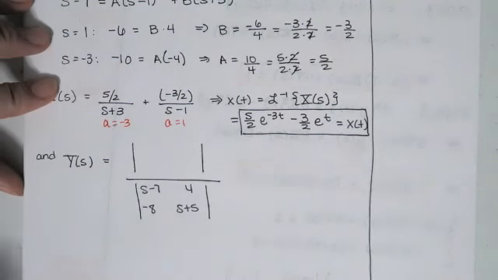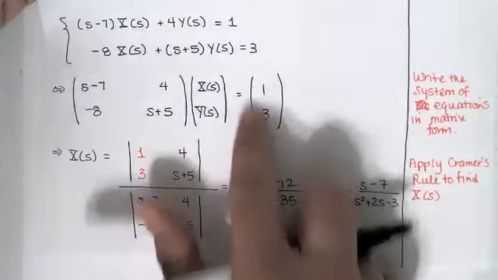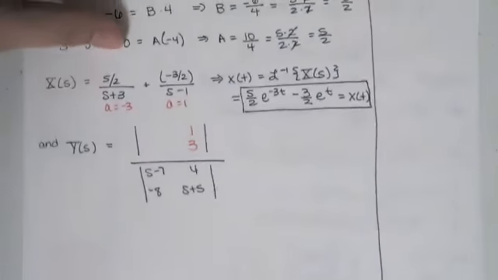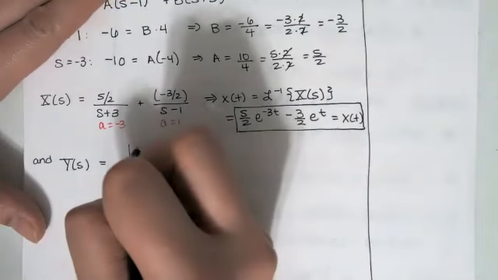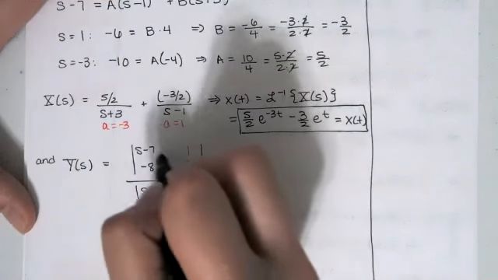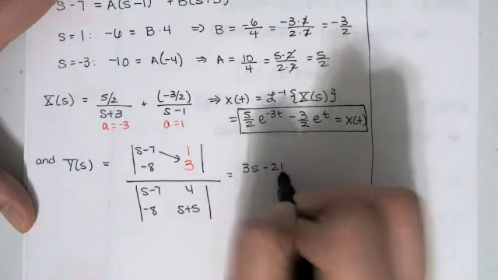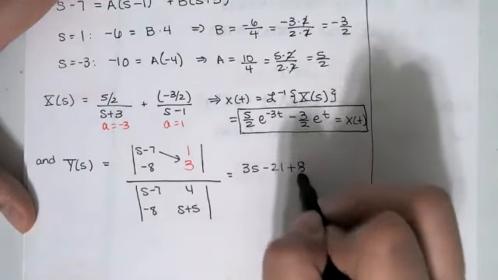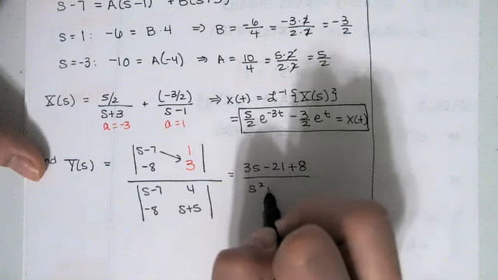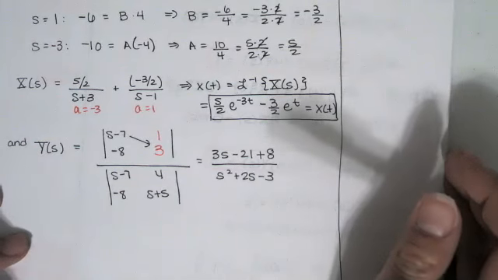I'm going to replace my second column with 1 and 3, which is the column on the right-hand side of our system of equations, and we leave the first column alone. If I multiply across this diagonal by 3, I get 3 times s minus 21 minus a negative 8, so that's plus 8, all over whatever this is, which we know, because we've already done the work, is s squared plus 2s minus 3.